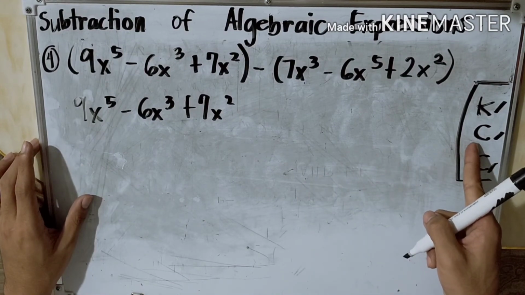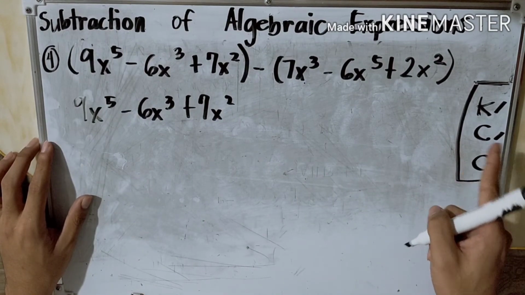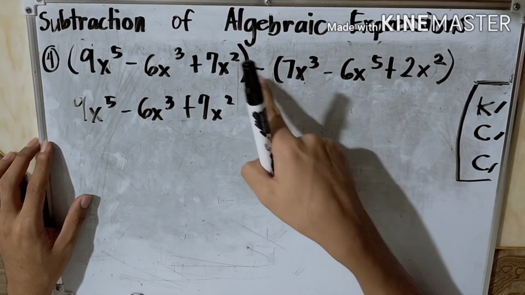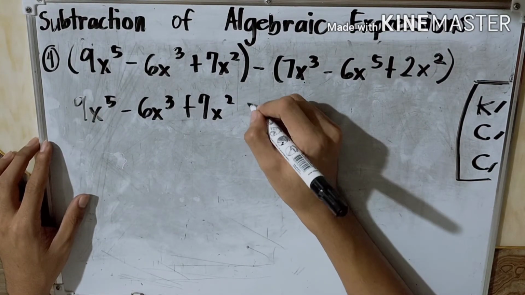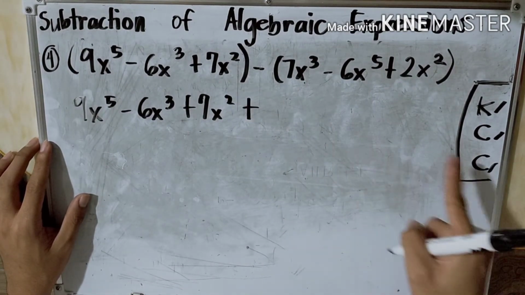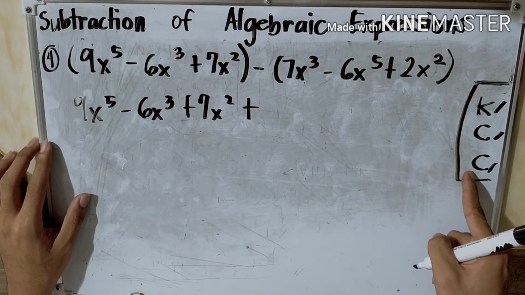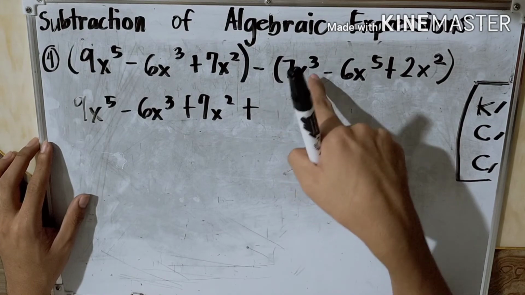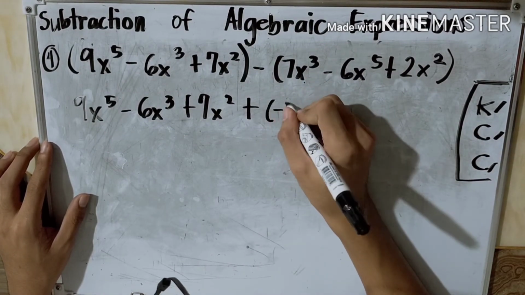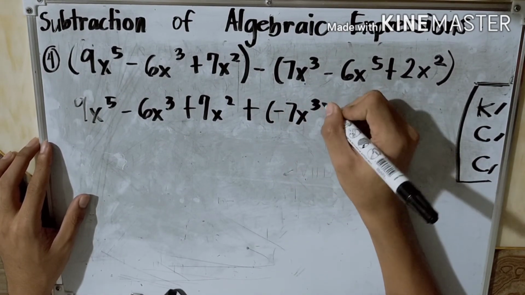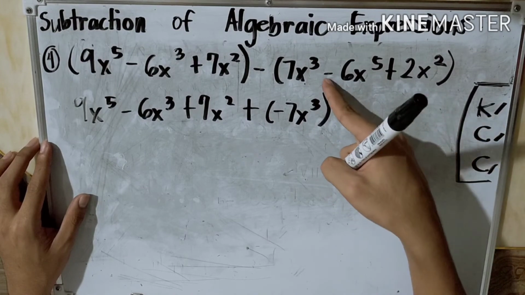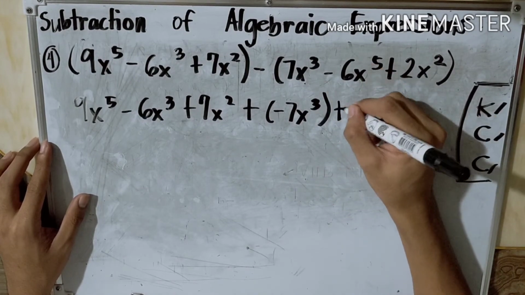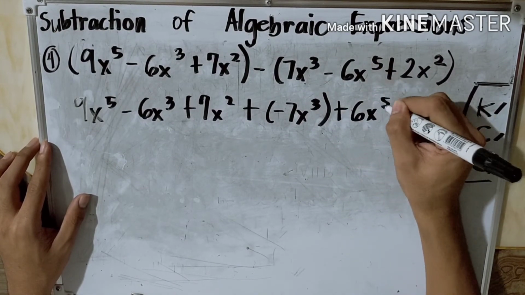Then, change the sign of the operation. So, from subtraction, it will become addition. Then, change the sign of the subtrahend. So, ang positive 7x cubed will become negative 7x cubed. Ang negative 6x to the 5th will become positive 6x to the 5th.